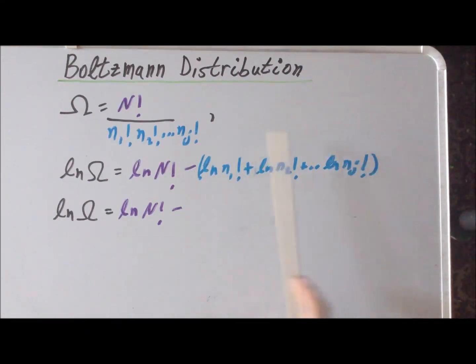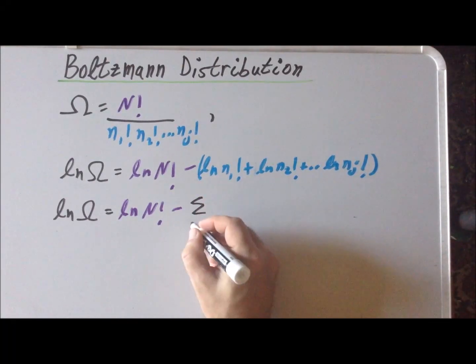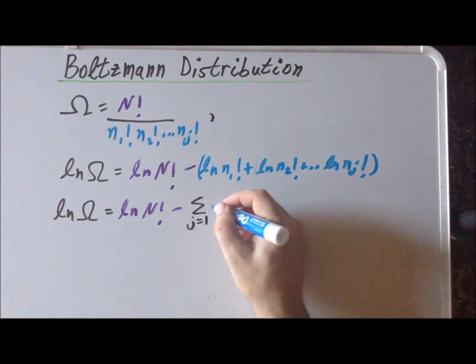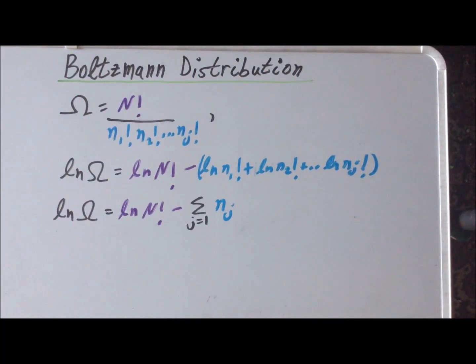Since this expression has turned into a sum, we can write it with summation notation to take up a little less space. Now we have the sum of the natural log of n sub j factorial.